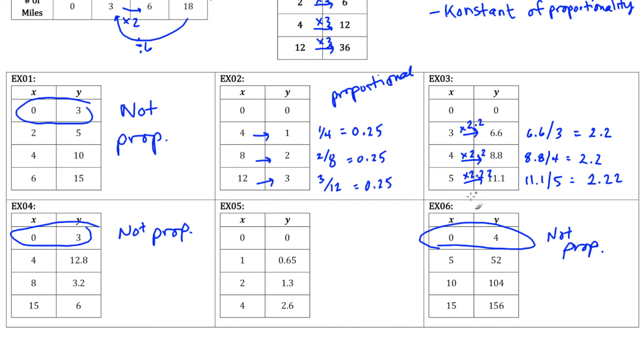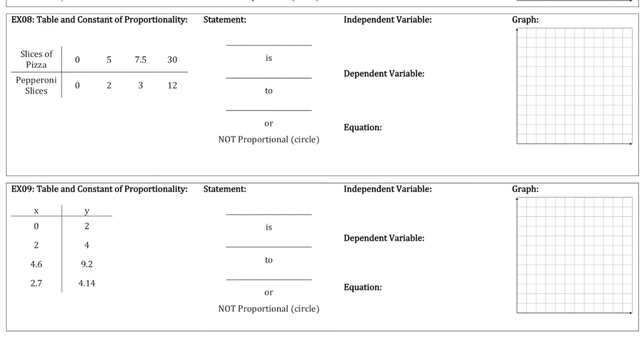That means it's not proportional. This is different from this one right here because these we all multiplied by 0.25. And we proved that by dividing. I imagine that y'all understand this, so I'm going to move on to the next section.